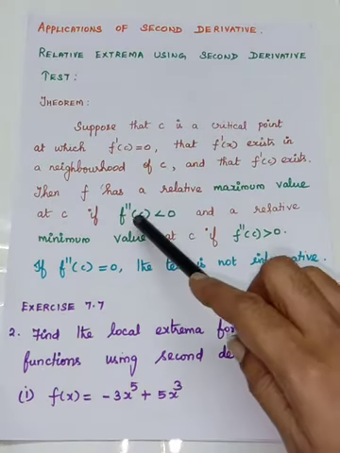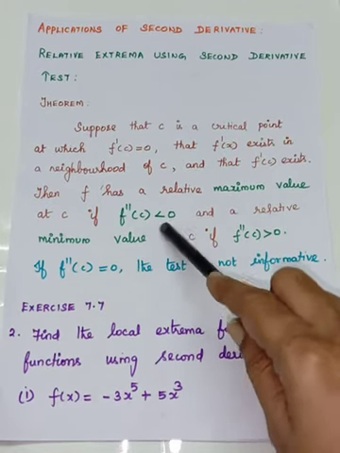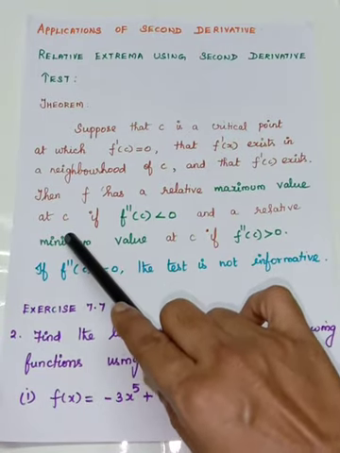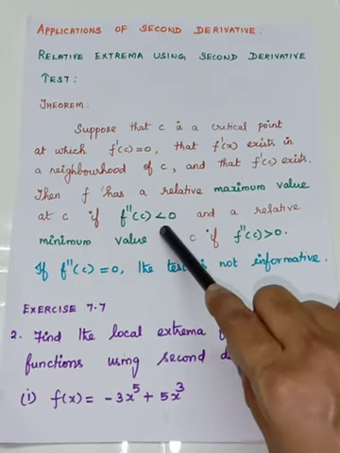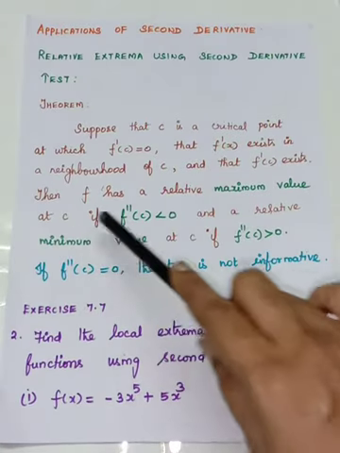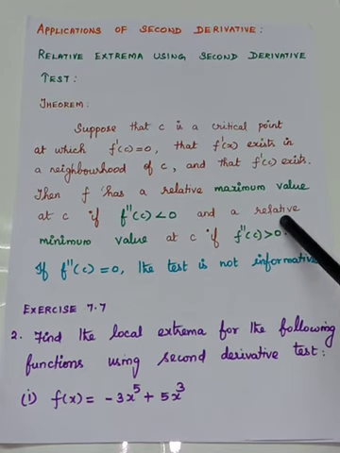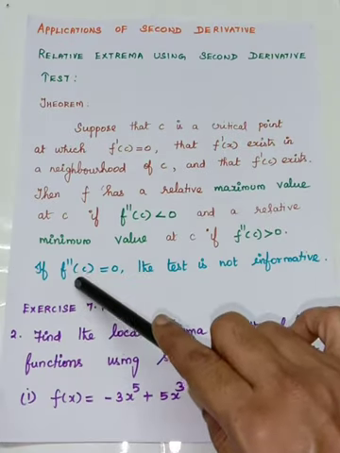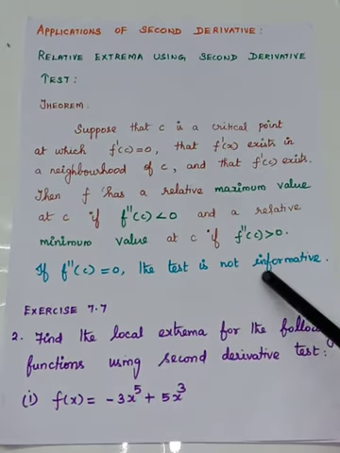If the second derivative at C is less than 0, the function has a maximum value at C. That means if f double dash of C is less than 0, the function has a local maximum value at C. If f double dash of C is greater than 0, the function has a relative minimum value at C. Suppose f double dash of C is equal to 0, the test is not informative.